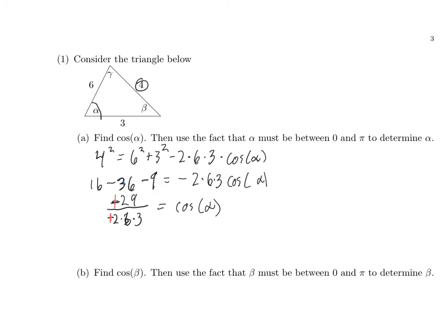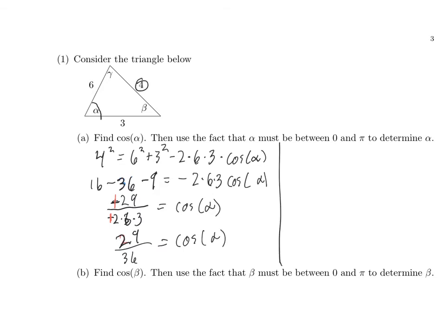Negative divided by a negative will become a positive. 29 is prime, so I know that there's no canceling I can do. 29 is not even, I can't cancel the 2. 29 isn't a multiple of 3, so I can't cancel the 3. So now I should just compute out what the bottom is. 2 times 6 is 12. 12 times 3 is 36. So 29 over 36 is equal to the cosine of alpha.